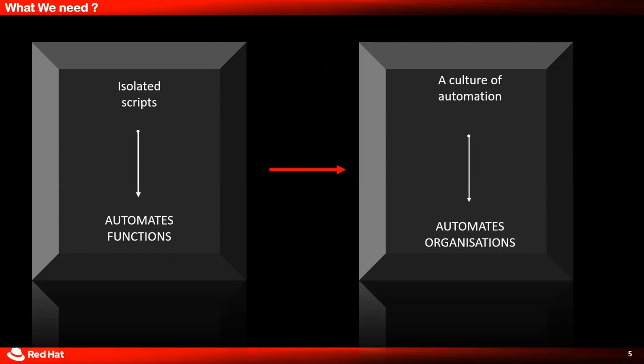Similarly, any task which we have or any script that we create should be used across the teams. So that is the reason for moving from traditional automation functions to organizational automation. We have to move towards a culture of automation rather than working in silos.